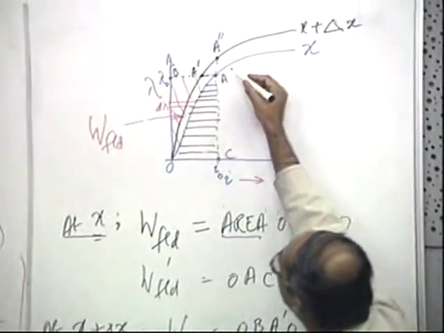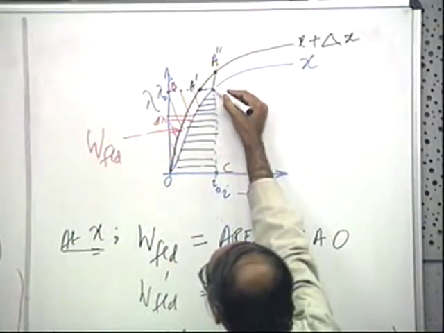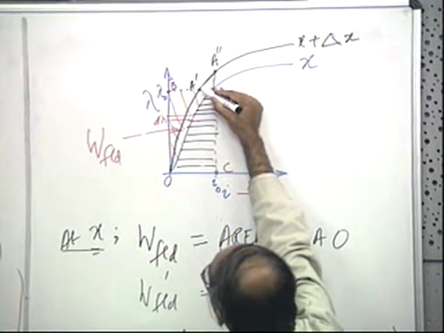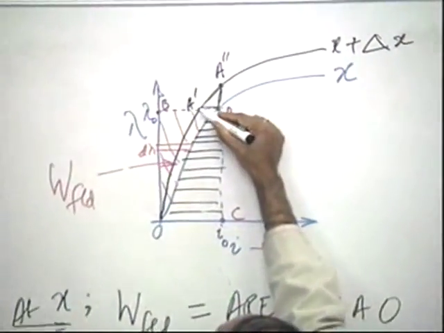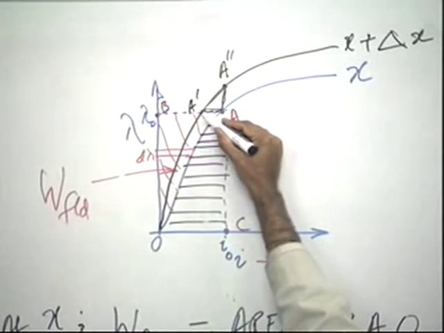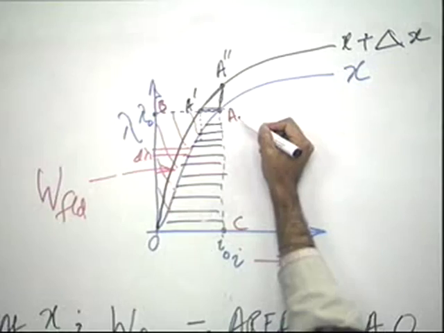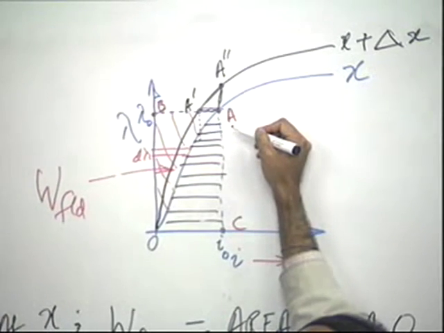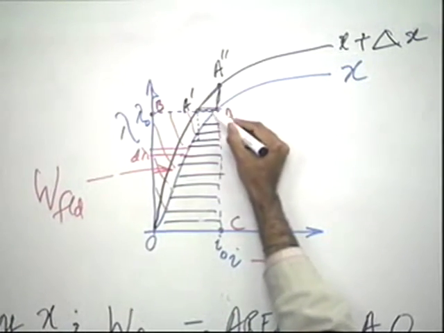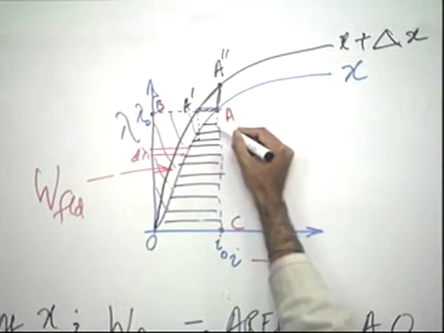So we have sort of this triangle. What does A dash represent? So it is delta I.